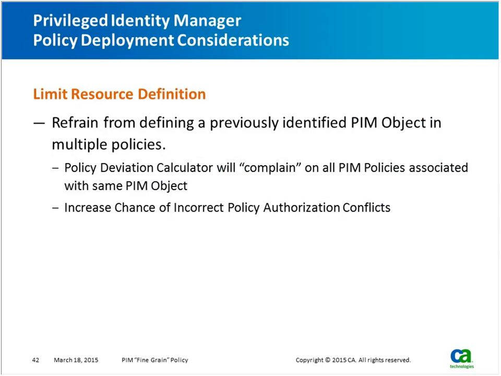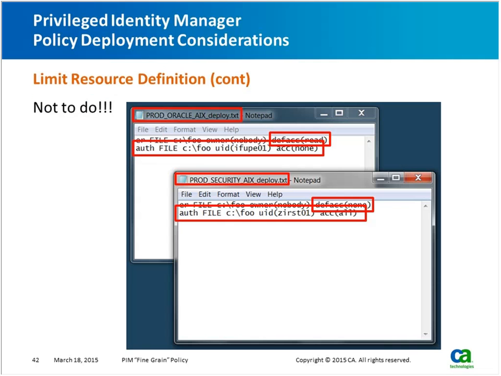Limit resource definitions, right? As I mentioned earlier, if you define one object within one policy, don't define it again in another policy. What will tend to happen is the policy deviation calculator will complain that this policy has been modified. If you hit page down, I'm going to show you an example on slide 43. Notice I have production Oracle Unix AIX and production security AIX sample policies.